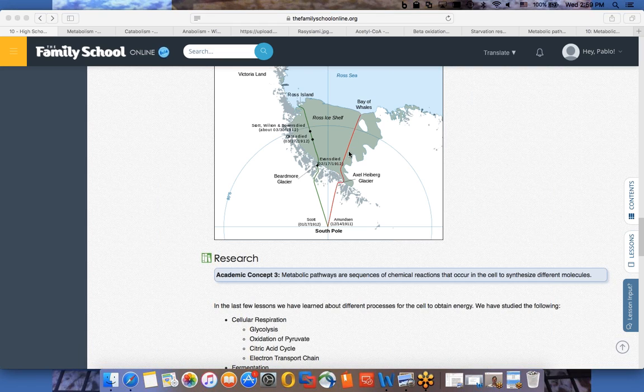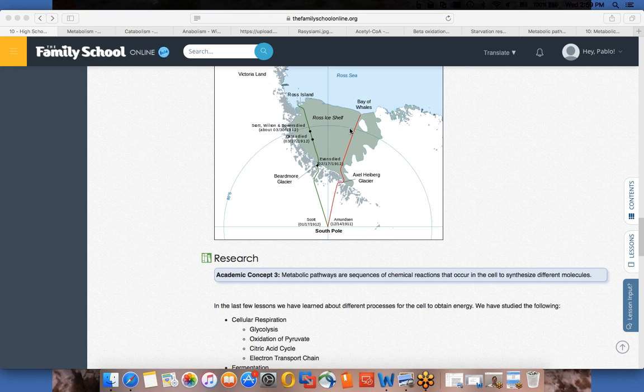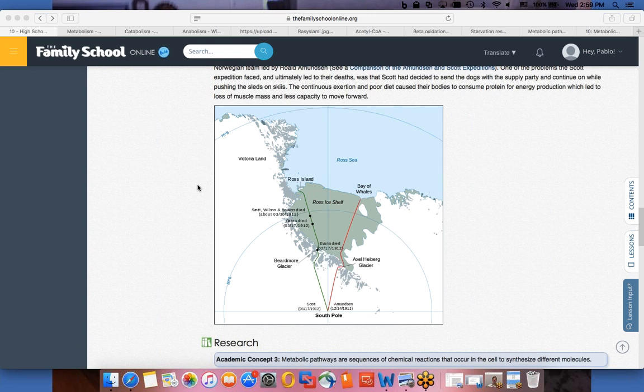Once they were close to the South Pole, they shot some of the dogs that they didn't need, and they buried them, and then on the way back, they unburied the bodies of the dogs and took them for food. It's sad, but it's just necessary. So very important in order to maintain your balanced diet.